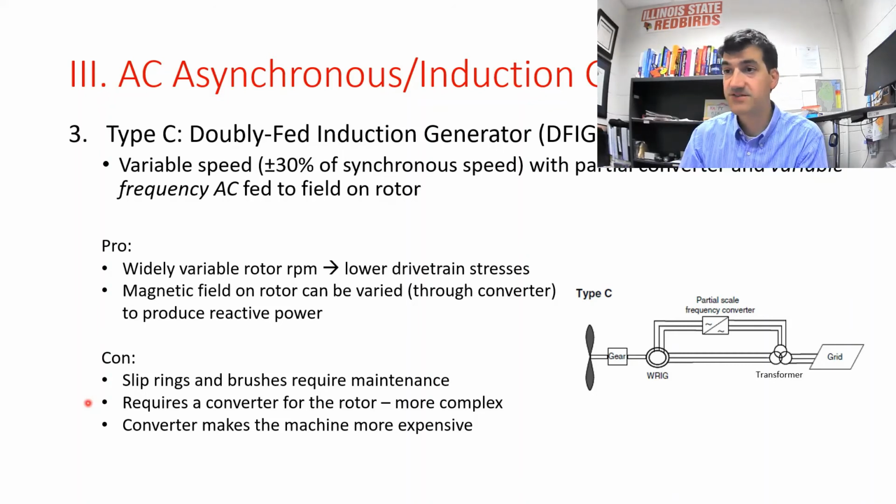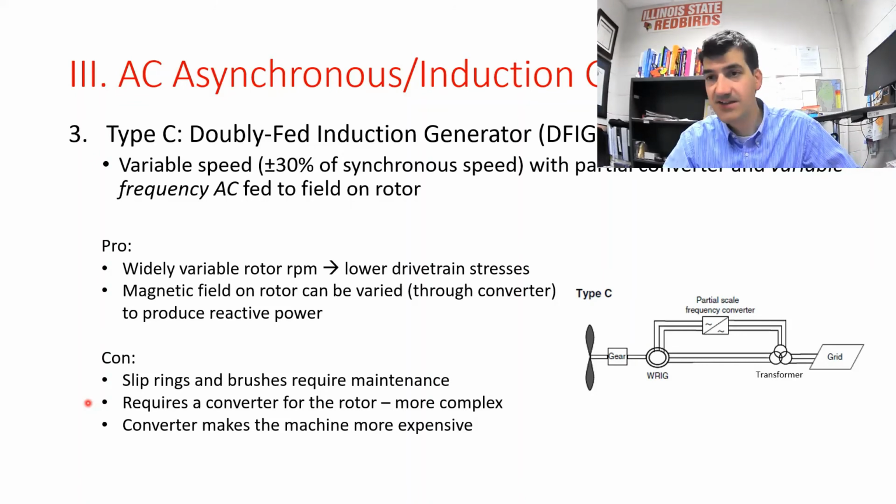So there's some small efficiency penalty for that, but it's far outweighed by the advantages that you get from the DFIG generator. And as you would expect, because you've got a big fancy electronic device that we call a converter, these machines are more expensive.